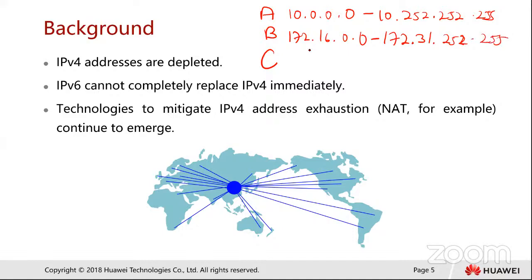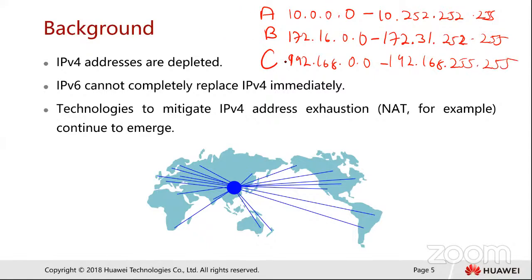Class C starts from 192.168.0.0 to 192.168.255.255, and this is the most common one that most of you see on most of your computers. These are the classes.